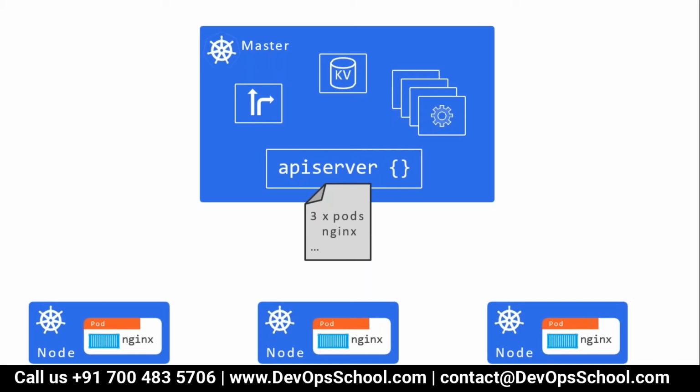The controller manager reports that in my cluster you have 0 pods of Nginx. So the API server calculates: the data in the database is the desire, and the report by the controller manager is the actual state. If there is a mismatch, the API server says, I want 3 pods to be created. That request is sent to the scheduler.